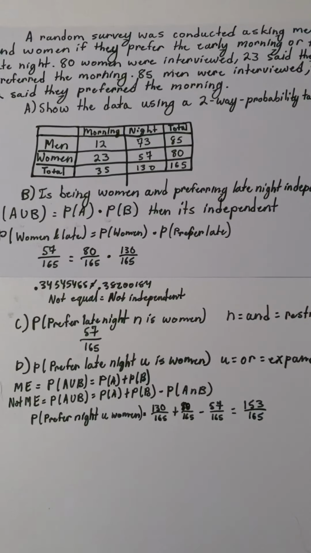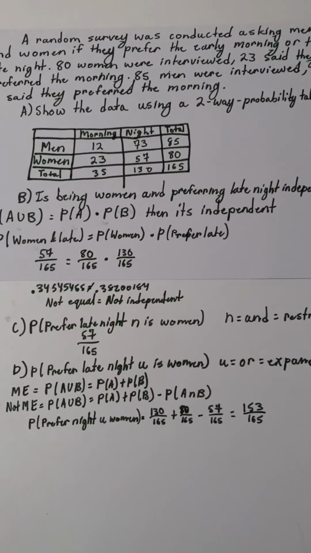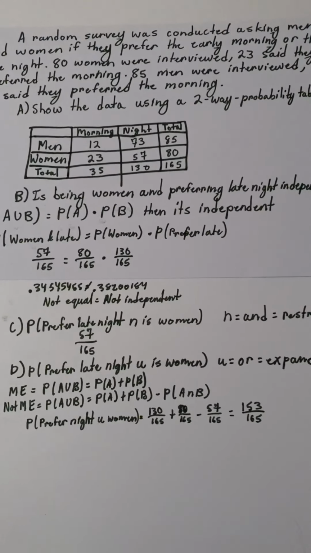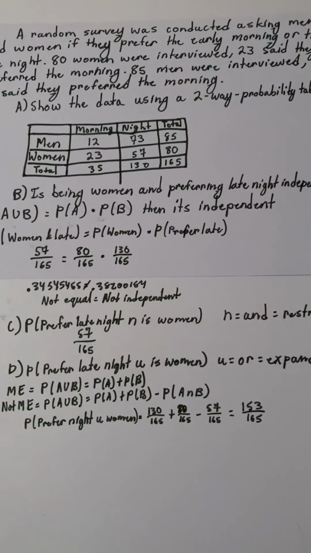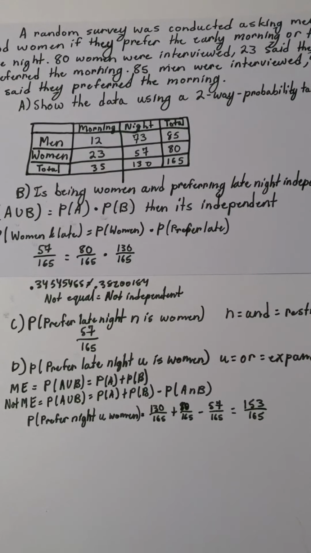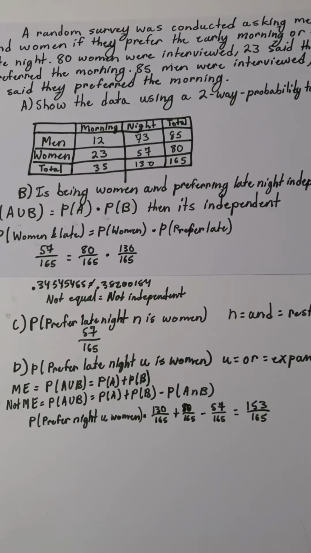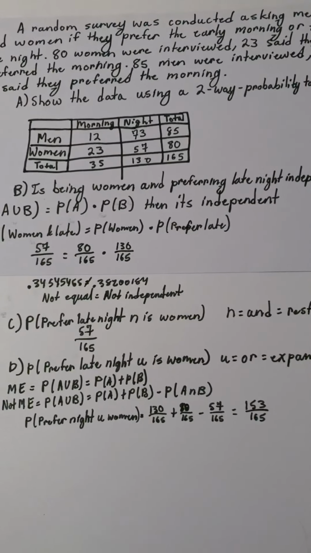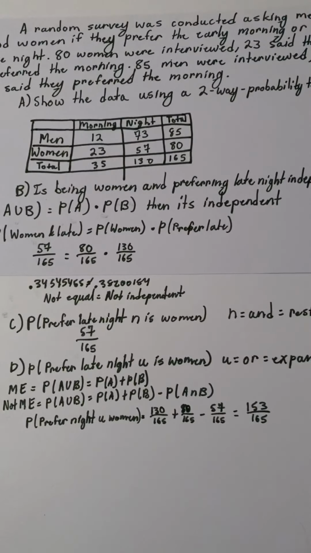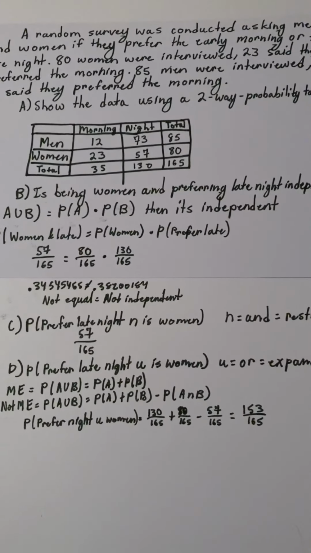In the situation we are looking at, it is not mutually exclusive, which means that we need to subtract the probability of A and B occurring at the same time. And so after we do that, we have 130 over 165 plus 80 over 165 minus 57 over 165, and we come up to 153 over 165.